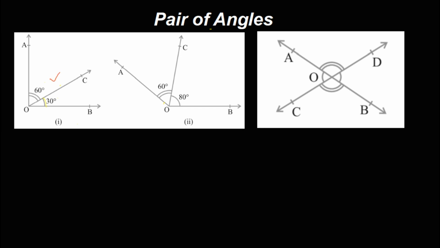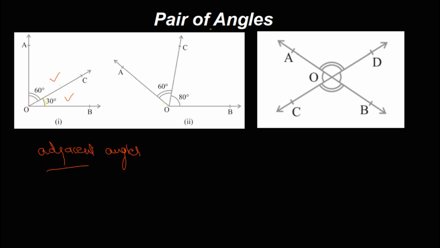When these two angles are given in this manner, where they have one common vertex, these two are called a pair of angles, and these are also termed adjacent angles. Please remember, the term adjacent to each other means it has a common vertex.